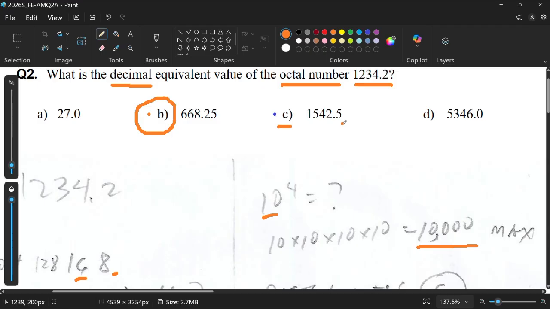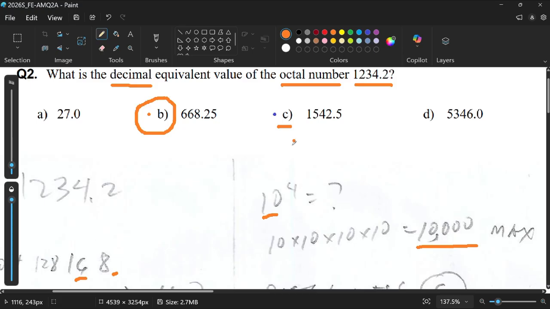It was so far off in the actual number in the end that it doesn't really matter as much. And so I ended up choosing C, which is the wrong answer.